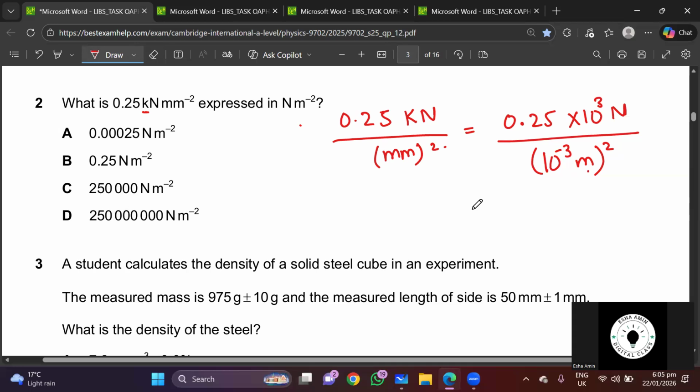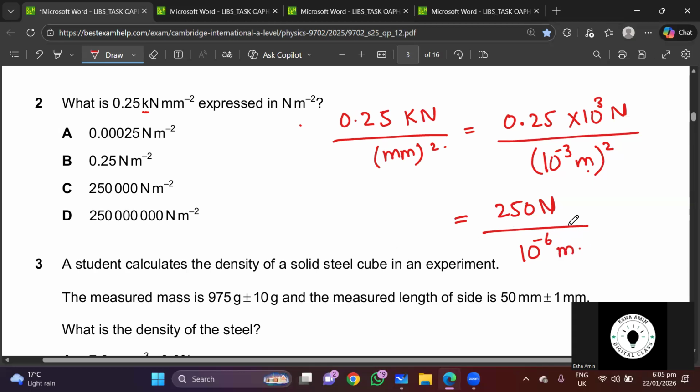So that will become 0.25 into 10 power 3. If we multiply 0.25 into 10 power 3, it will be 250 newtons. And 10 power minus 3 squared, we will multiply these powers. So that will be the power on the powers, we will multiply them. So this will be 10 power minus 3 times 2, that is minus 6 meters.